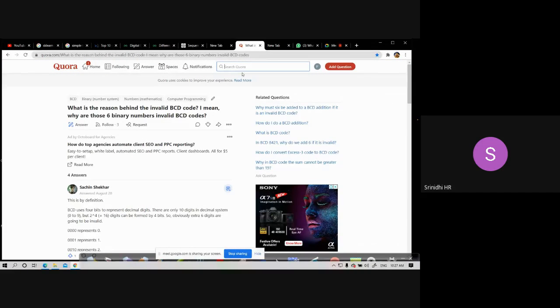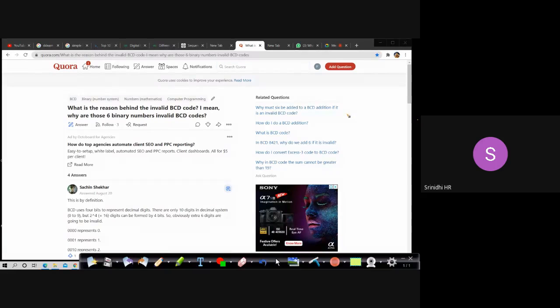Binary coded decimal, a very good answer. So binary coded decimal means we have the numbers. Let us say 0 is represented in 4 bits as 0000. If I take 1, then 1 is represented as 0001.